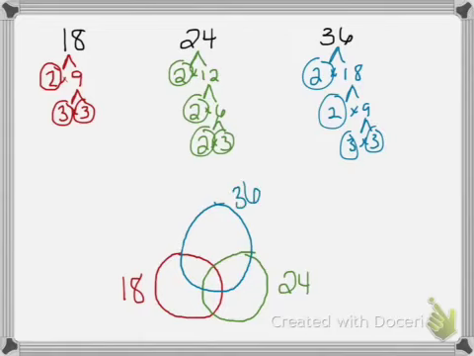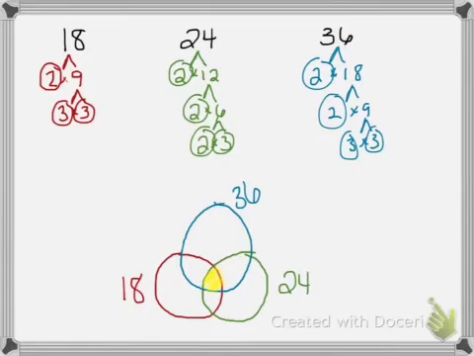Earlier in another class we talked about possibly shading in the part that they all share, so I'm going to color that in yellow so that we can see that's the shared section. Now let's talk about the factors that they share.